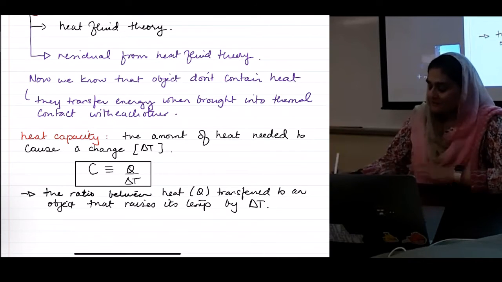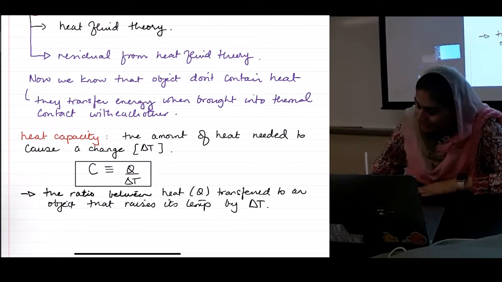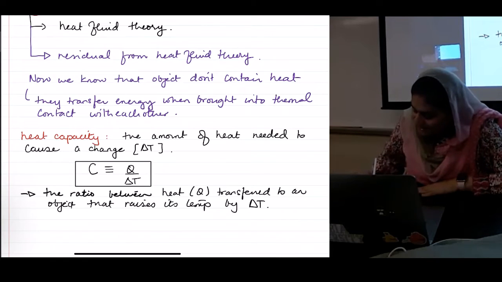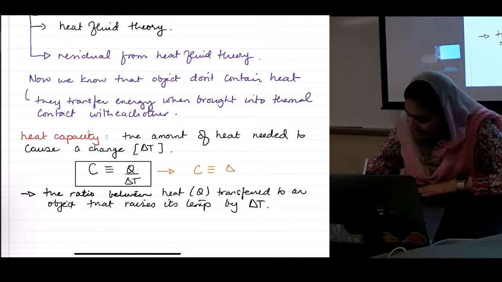And in terms of the first law, I can also rewrite this as C could be defined as delta U minus W divided by delta T.